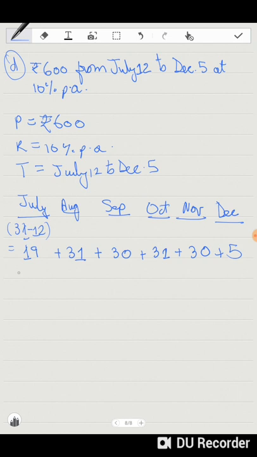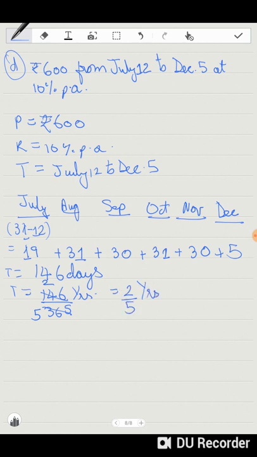And hence we will total it up: 146 days, which is 146 upon 365 years. So that is 2 upon 5, since 73 twos are 146 and 73 fives are 365. So hence I got my time as 2 upon 5 years.